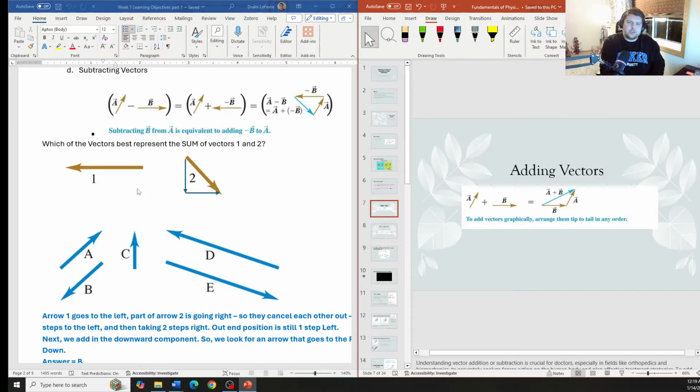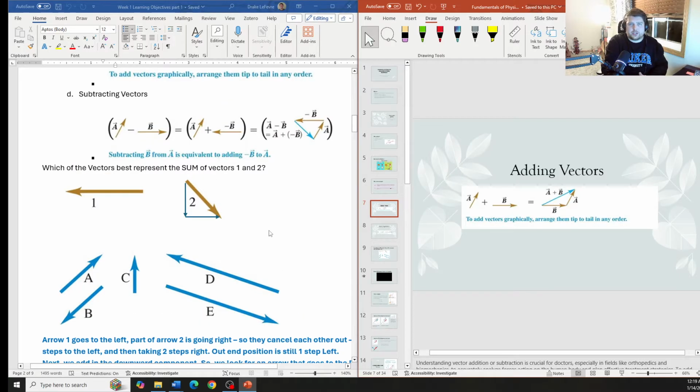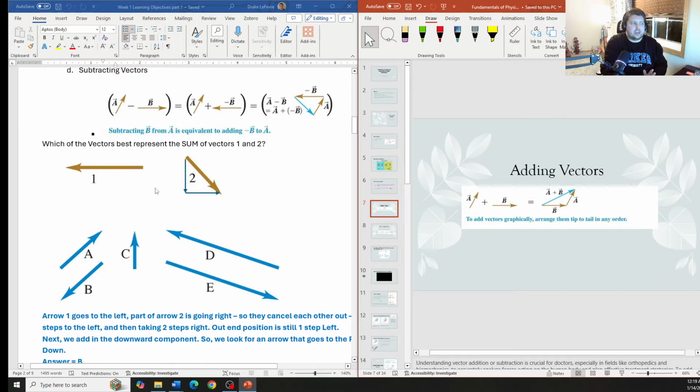So just like thinking about steps, we could walk diagonally to get to that spot, or we could do a couple steps sideways and then a couple steps forward. That's essentially what we draw. We say, okay, in order to match this, we go down and then across. And then we can take those and add them together based on their directions. Thinking about this like steps, this one right here is longer than this one right here.